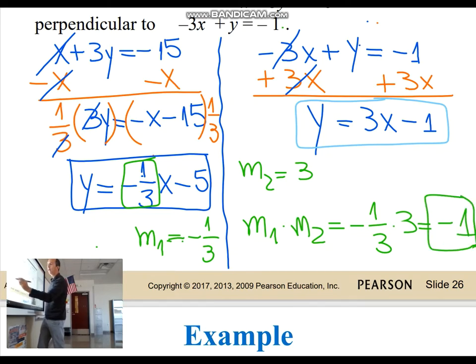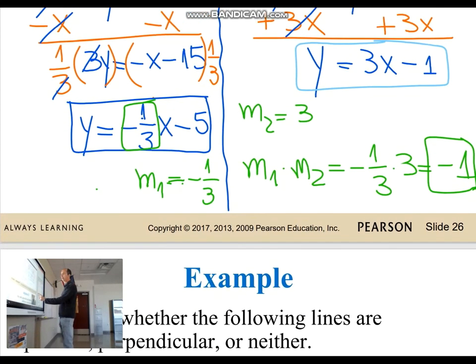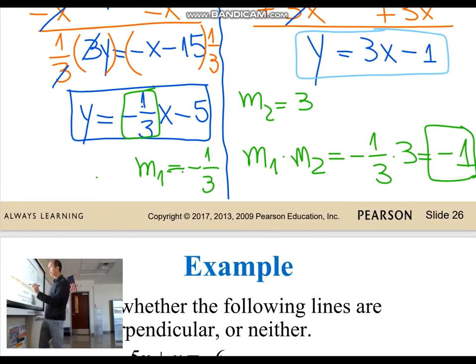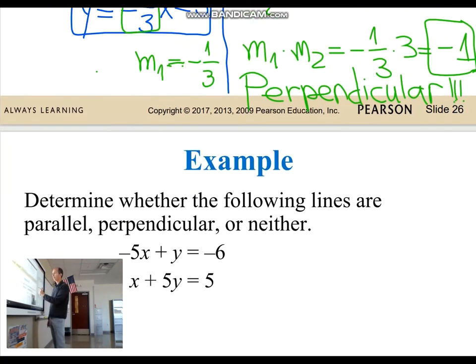When you multiply the slopes and find negative 1 as an answer, you can say yes, it is perpendicular. Yes, the lines are perpendicular because we multiplied and found the result as negative 1.